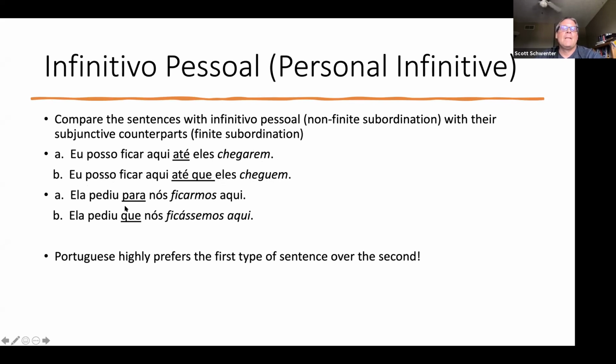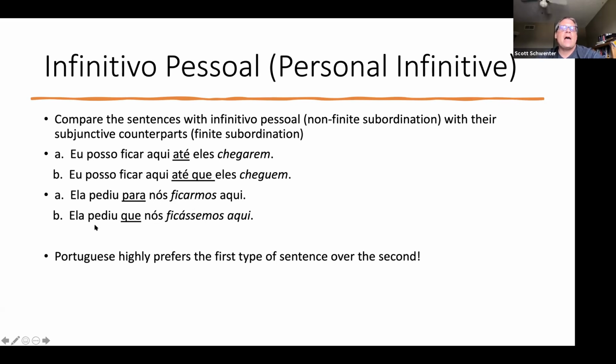Okay. Same thing here. Ela pediu para nós ficarmos aqui. So she asked us to stay here with the personal infinitive. Here it's first person plural, we, right? So ficar is to stay plus the mos. Or you could have the subjunctive, ela pediu que nós ficássemos aqui, right?